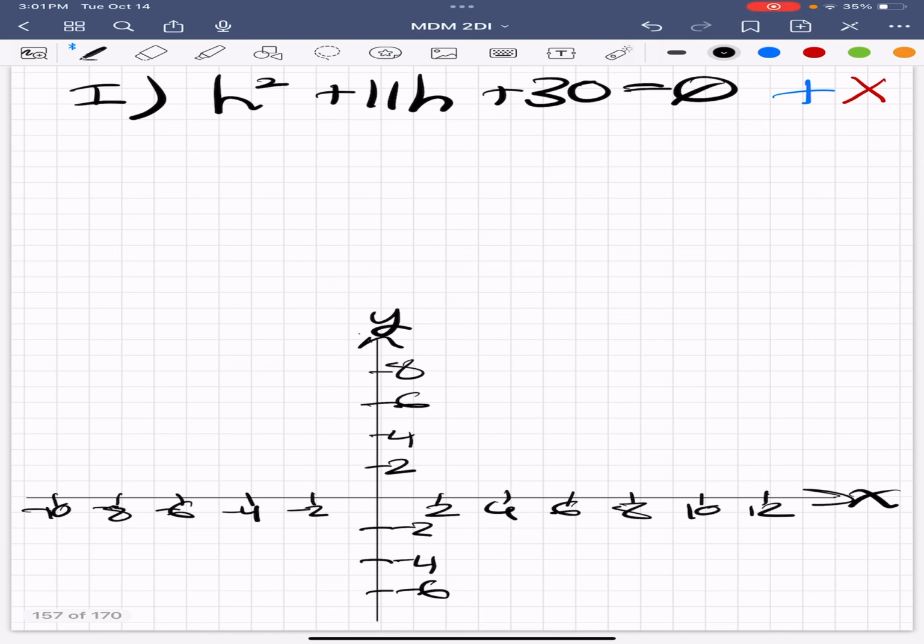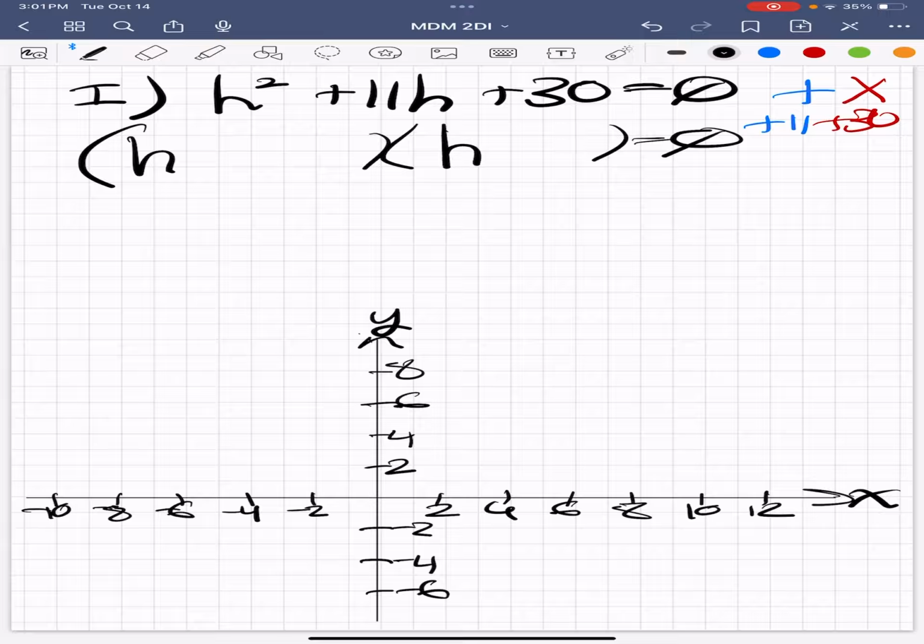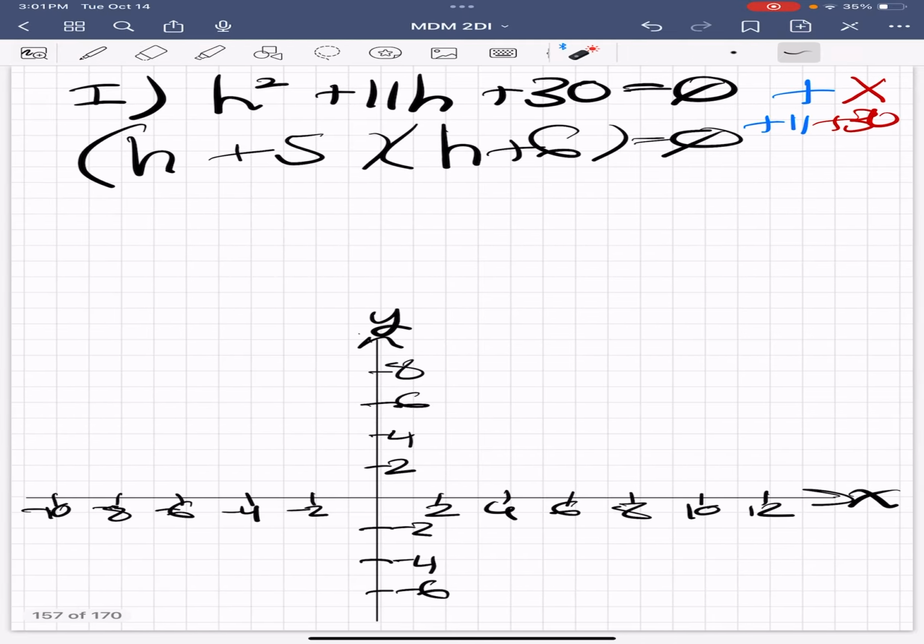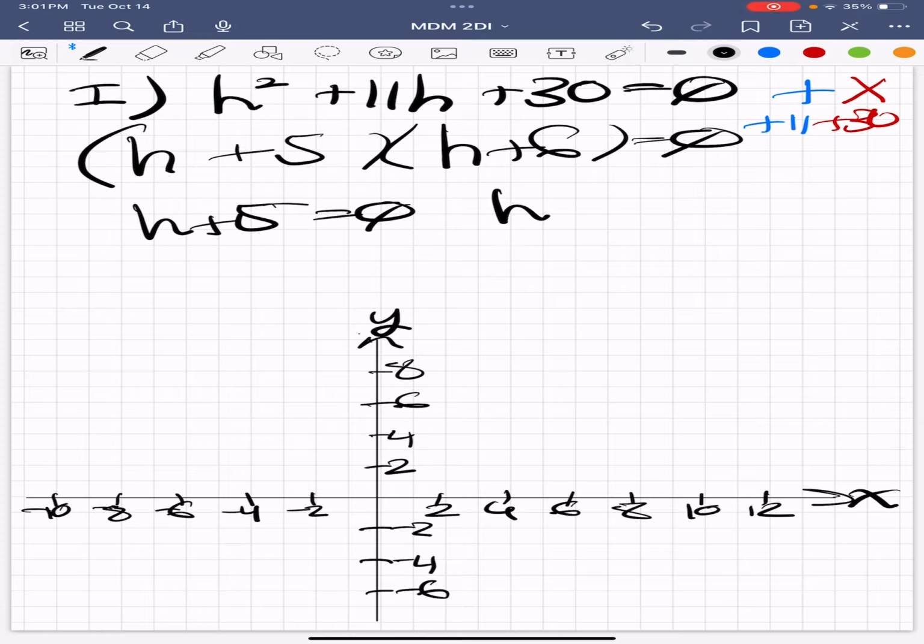We need two factors that add to 11 and multiply to positive 30. So we need our brackets ready here, equals 0. We have h and h, and then we need plus 5 and plus 6. So they add to positive 11, and they multiply to positive 30. So we have h plus 5 equals 0, setting the pieces equal to 0 again to find the x-intercepts.